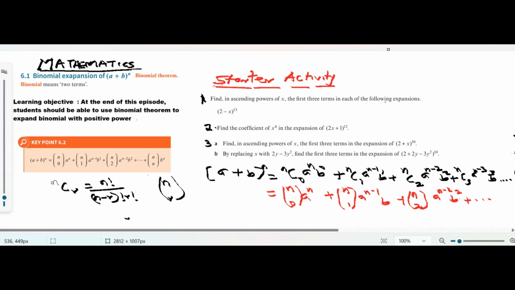From this key, if you are to expand (a + b)^n, it is n combination 0 a^n plus nC1 a^(n-1) b^1 plus n combination 2 a^(n-2) b^2, and so on until you get to n combination n b^n. So that is the expansion for the binomial.